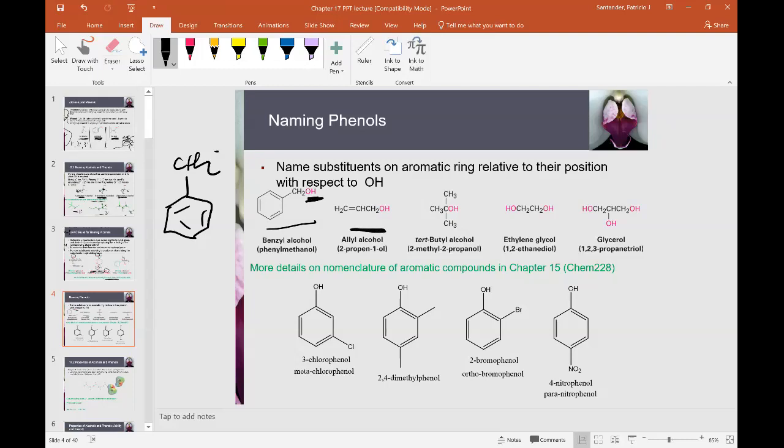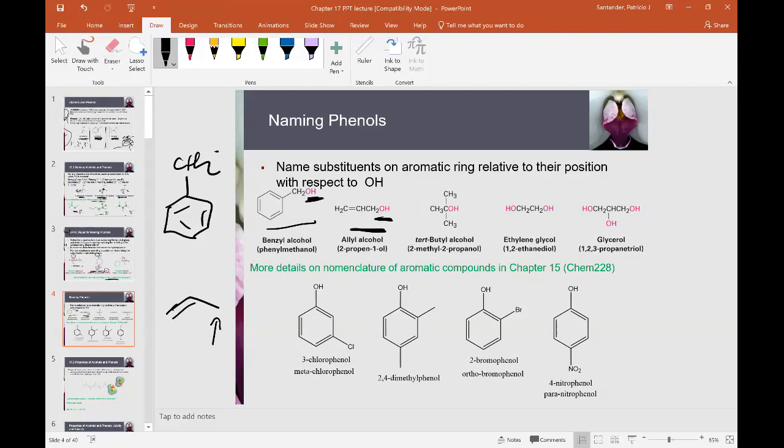Allyl alcohol, same idea. You have a carbon-carbon double bond, and the carbon atom that is one carbon away from the double bond is an allylic position. When the OH is attached to that carbon atom, we say that is allyl alcohol.